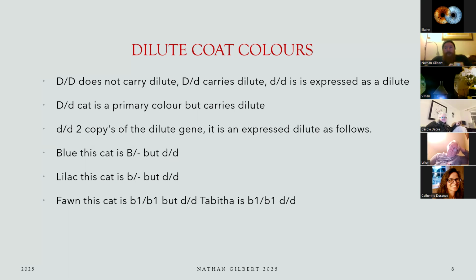Tabitha, who's B1, little d, and you said she was fawn, could she have looked sorrel but still be a little d, little d? Fawn is the dilute of sorrel, is that right? Yes. So it's just that the sorrel was expressed. Or would it always be capital D/D?